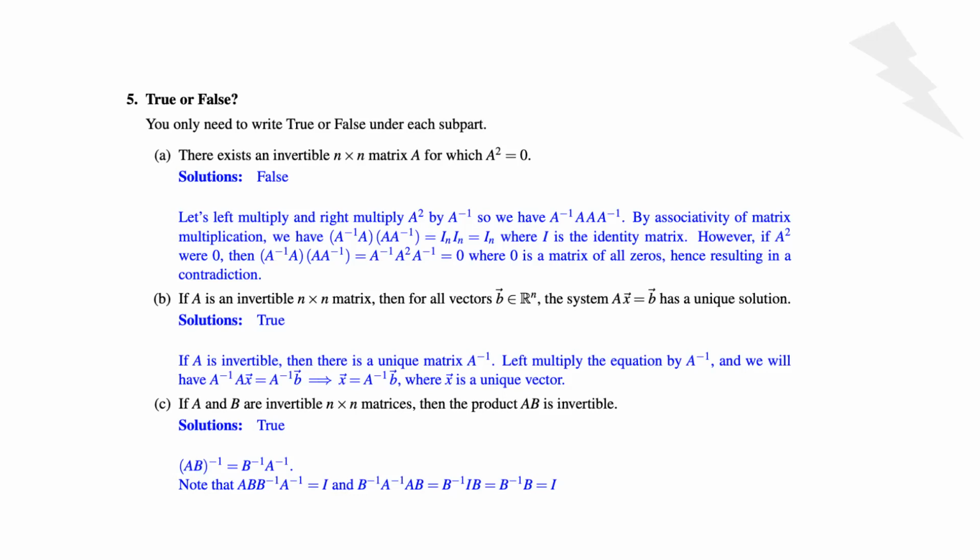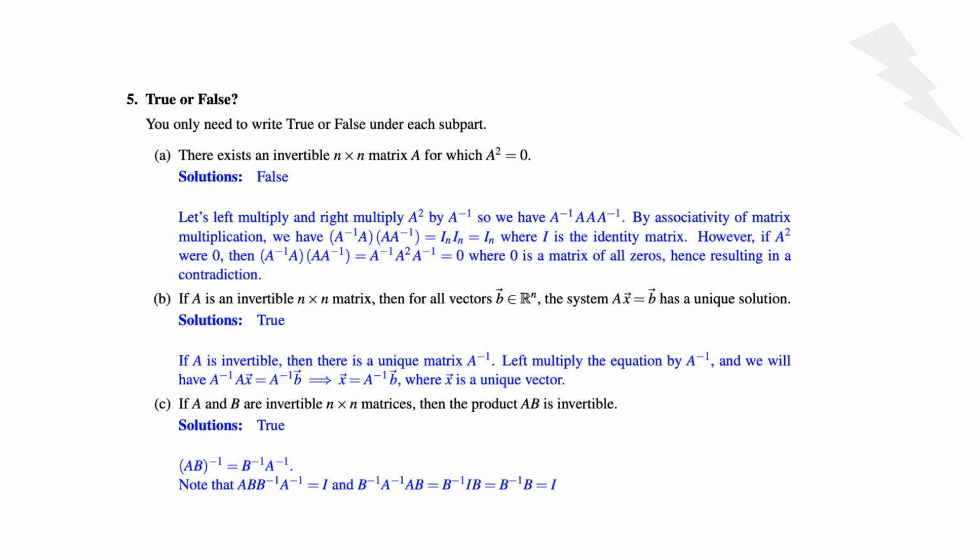Okay, cool. So for part C, it says if A and B are invertible n by n matrices, then the product AB is invertible. And this is true. The way to do that is, this is a property that maybe should be written down on cheat sheets: if you get the inverse of A times B, that's equal to your B inverse times your A inverse.